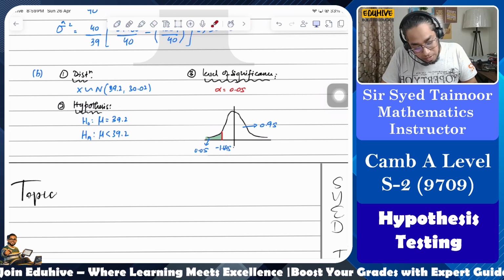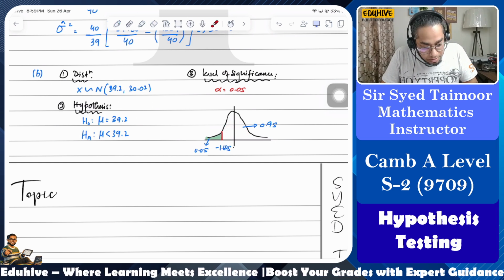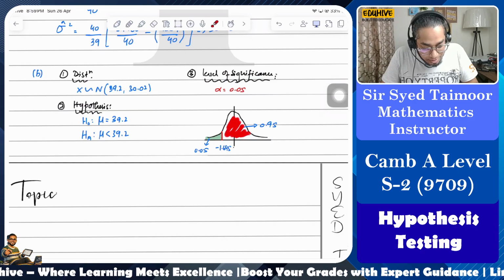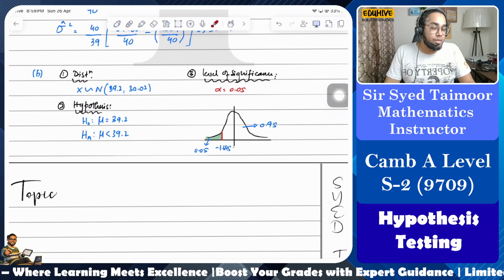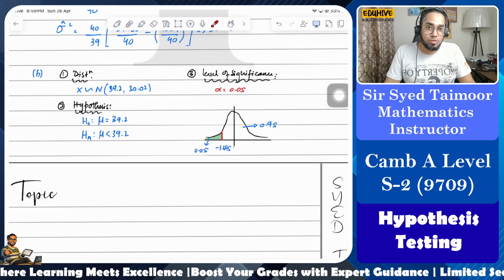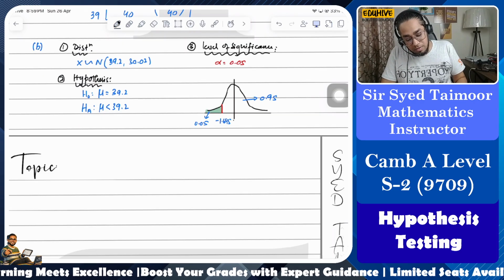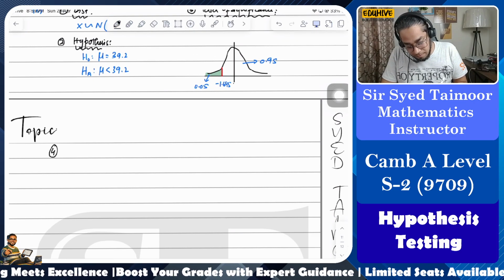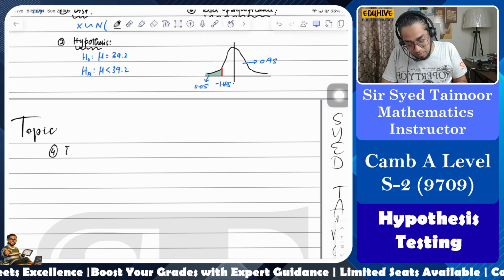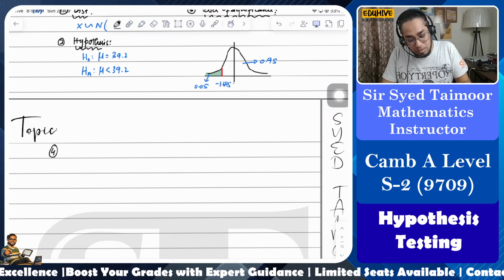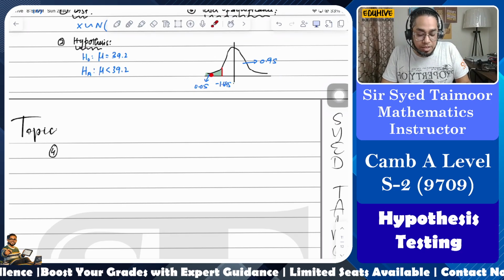If this is H null and this is H alternative, the calculation should be lying in this part to accept it. In the shaded area we reject H naught.